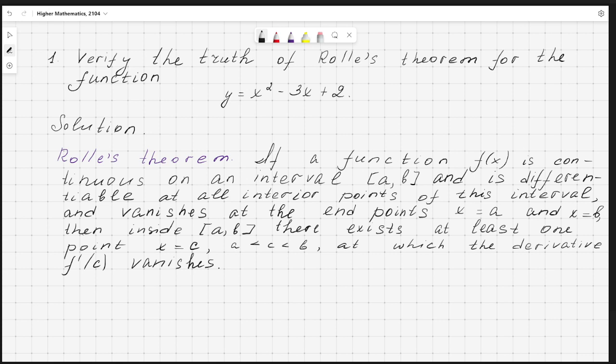Function f of x must be continuous on the interval from A to B. Our function y is x squared minus 3x plus 2 is continuous in each point of the interval from minus infinity to plus infinity.